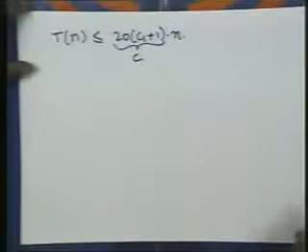This now we can prove by induction on n, that T(n) is less than or equal to C times n. For n equals 2, it is true because you make just one comparison.